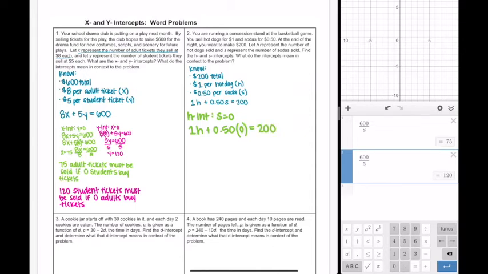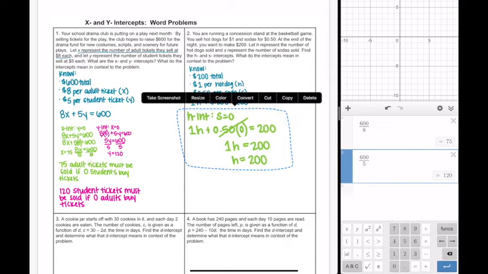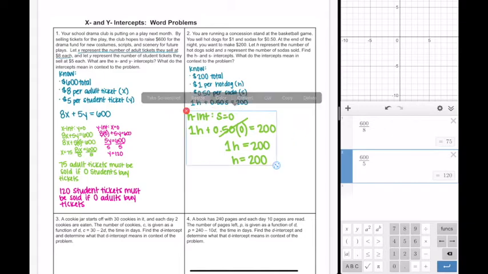Okay, so 0.50 times 0 cancels out, and you have 1H equals 200. Well, you could divide by 1, but that doesn't change the value. So H, or the number of hot dogs, is 200. So that means if you don't sell any sodas, you have to sell 200 hot dogs in order to make $200.